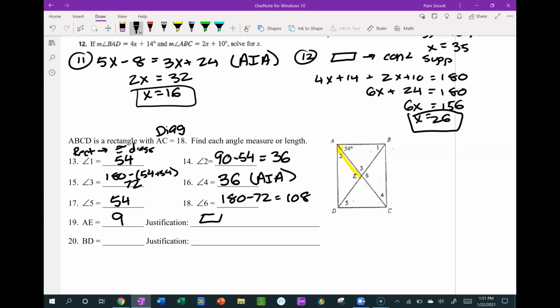My justification is parallelogram implies bisecting diagonals. Now let's find BD. Here's BD. BD is a diagonal in a rectangle. And we know that in rectangles, the diagonals are congruent. So therefore, BD is the same thing as AC, which is 18.